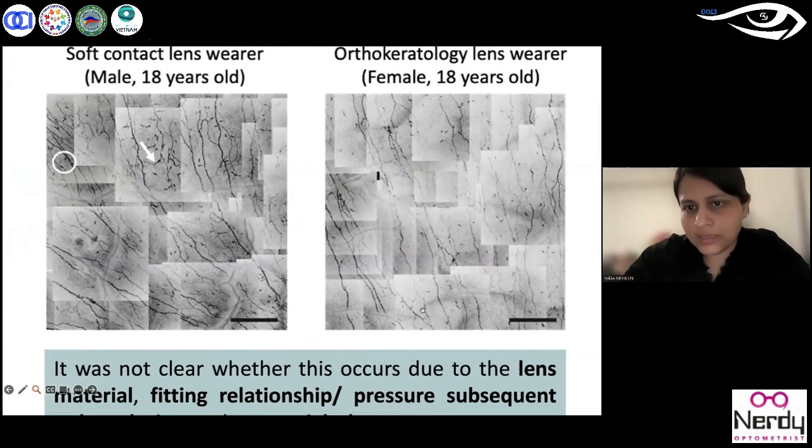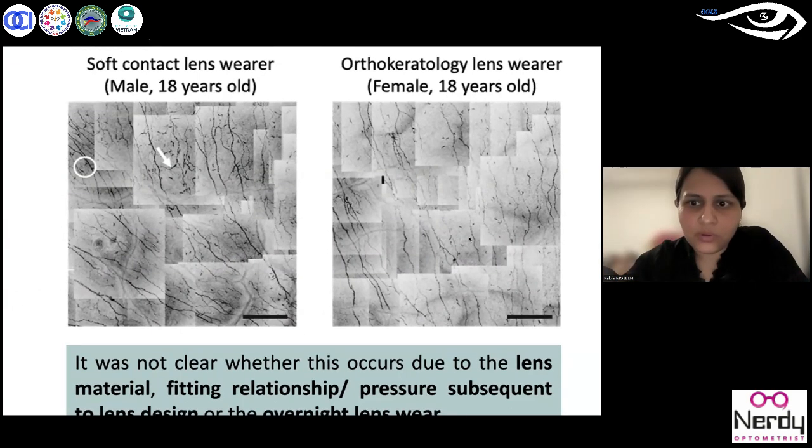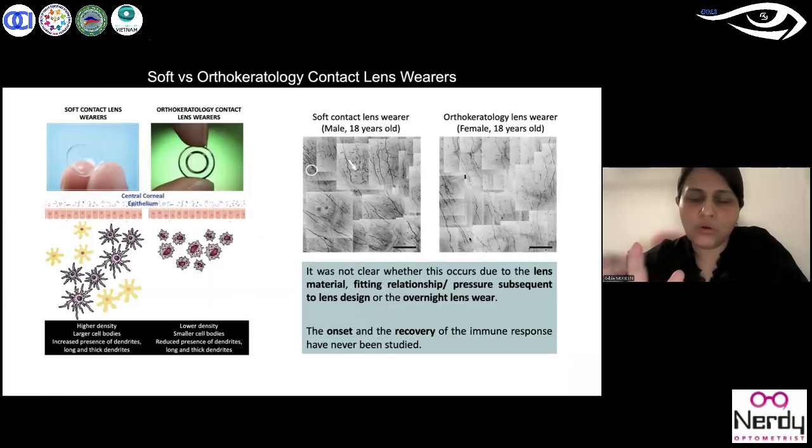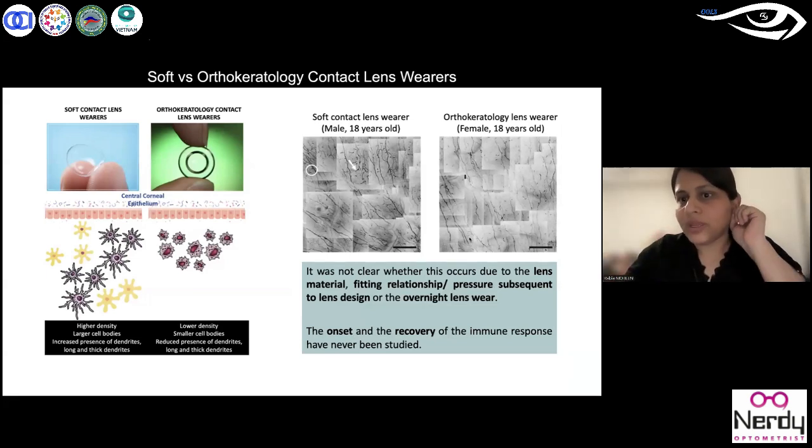They are very big and they have dendrites and large cell bodies. And in orthokeratology lens wear you can see the cells are very small, just like a dot shape. So they have lost any activity or function. They are just present there at the mid periphery or at the cornea, but they're not doing anything.